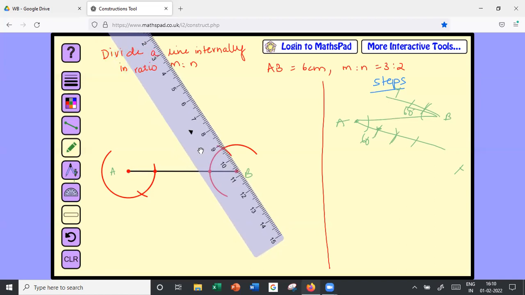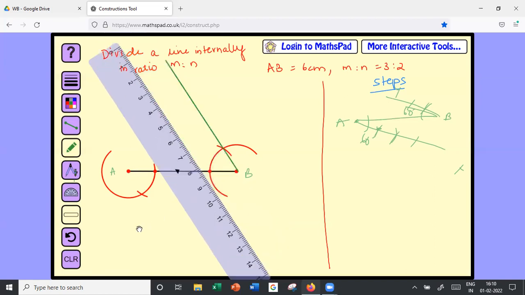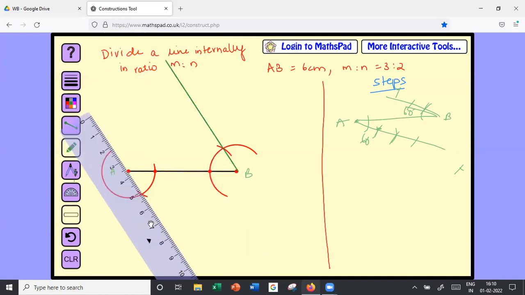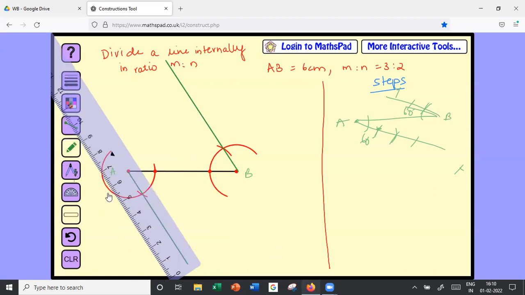This takes a lot of time. Okay, finally we're done. Just join this. This is an exact 60 degrees what I've drawn here. Then you can draw this also. Now that you're done with this, you have your two lines.